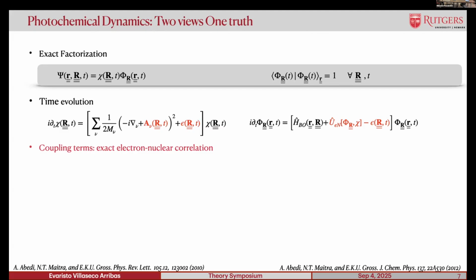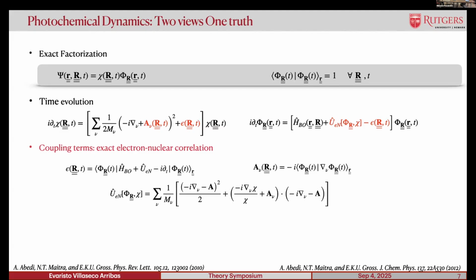And let's take a look at how these terms look. Just pay attention that, for example, these fields that appear in the evolution of chi depend directly on phi, which is the wave function for the electrons. On the other hand, this term, for example, that appears in the evolution of phi depends on chi. So you can see how these two systems are intimately correlated.